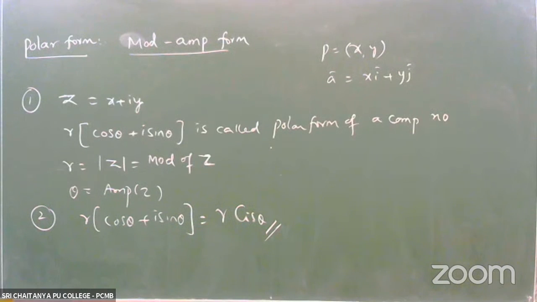Cis theta means cos theta plus i sin theta, which consists of one real part and an imaginary part, right? Now you copy that one. Let us go through the problems of polar form.